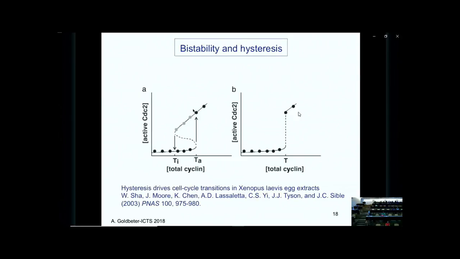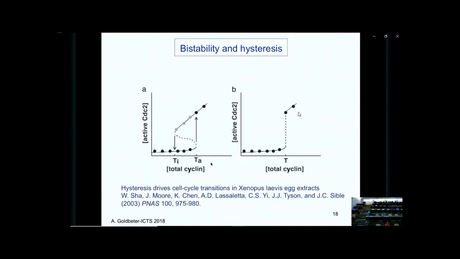The group of John Tyson and Gene Siebel at Virginia Tech in the US showed, and this is the result from their paper published in PNAS, that if you plot the activity of CDC2 kinase as a function of the cyclin concentration in the abscissa, you progressively increase cyclin, and suddenly there is a jump to a high activity of the kinase CDC2.